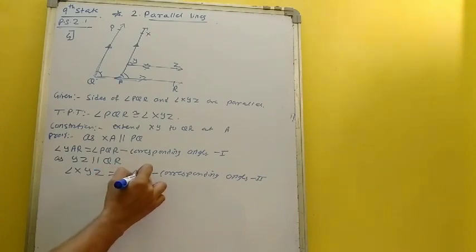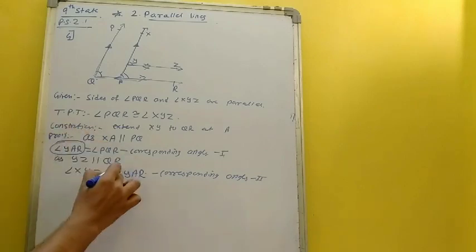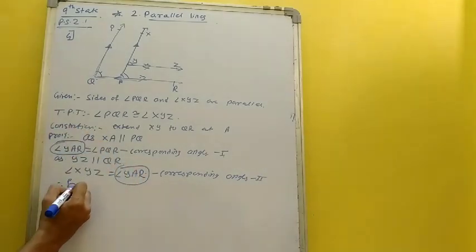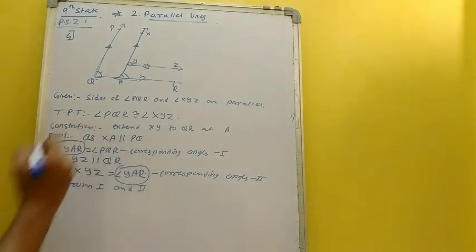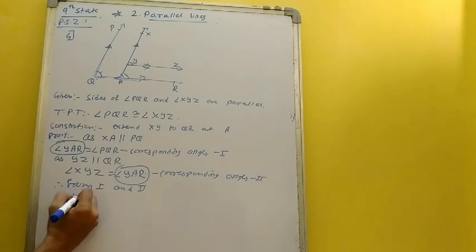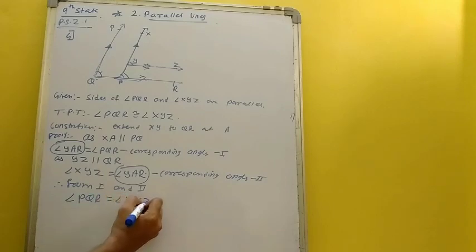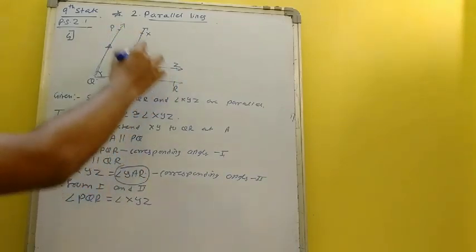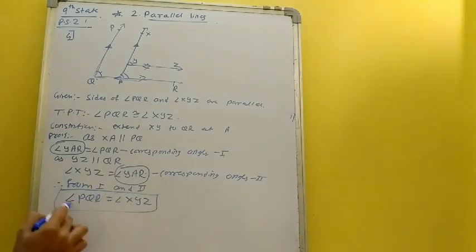So from 1 and 2, we can see YAR over here and YAR over here. Therefore, from 1 and 2 we can say that PQR is equal to XYZ, and this is what was to be proved, equal or congruent.